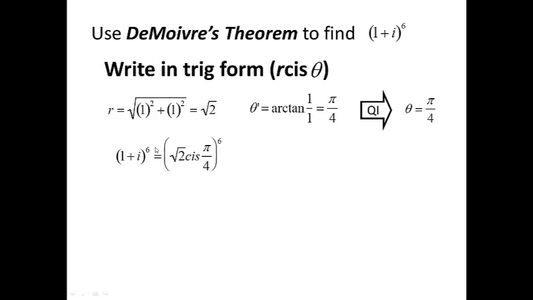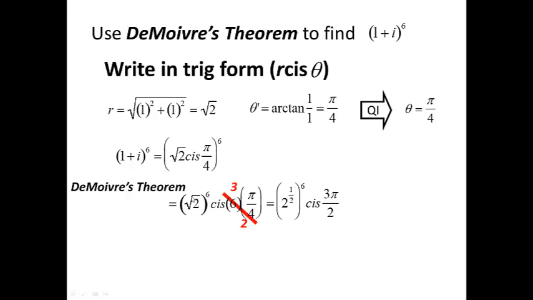It's pi over 4. So my 1 plus i to the 6th power is, in trig form, rad 2 cis pi over 4 to the 6th power. Now using DeMoivre's theorem, we're going to take the 6, put that on the rad 2, and then 6 times pi over 4. Reduce that and get a 3 and a 2.